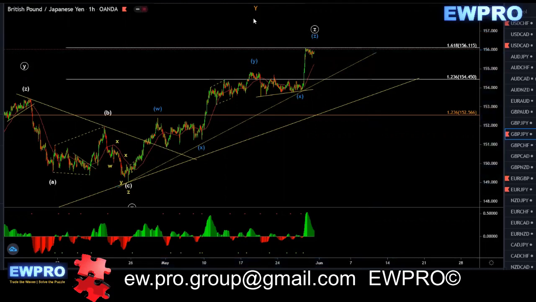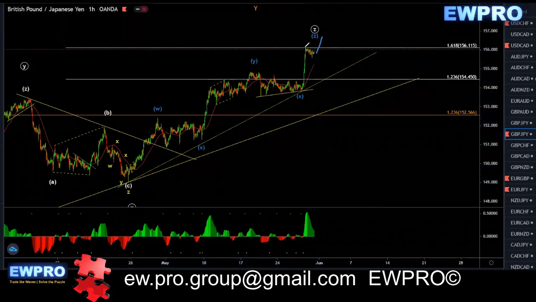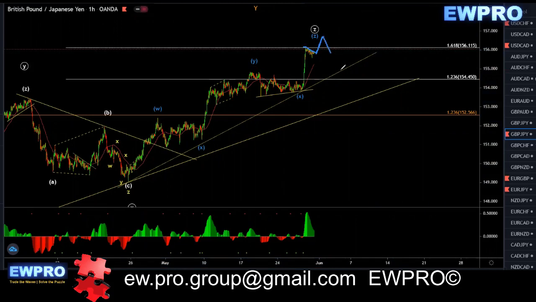What I'd be doing is waiting for whatever happens. If this breaks up, more than likely, wait for your sell setup and then look for the sell. Because you get at least an A, B, C, and then you may get another 5 up. But we're at a wave Z on H4, so wait for the impulse down, wait for a correction or a flag, and then look for your sell.